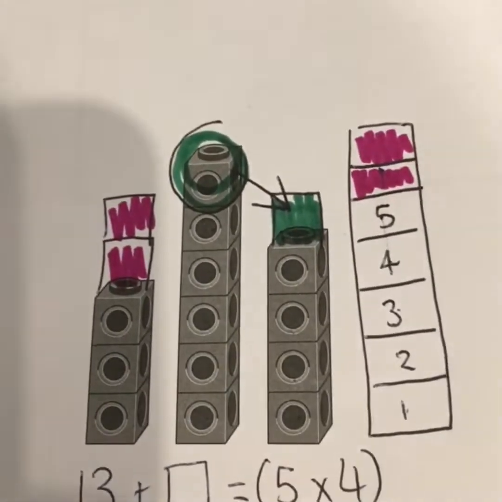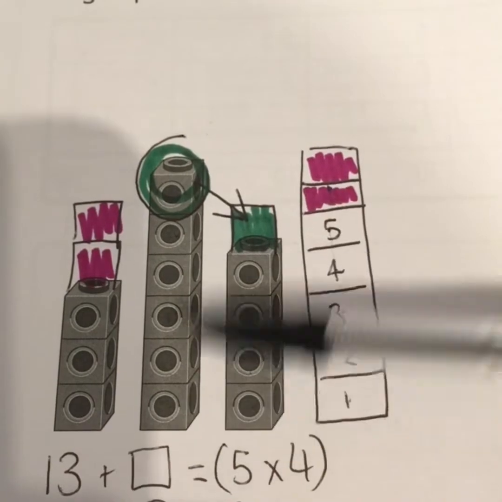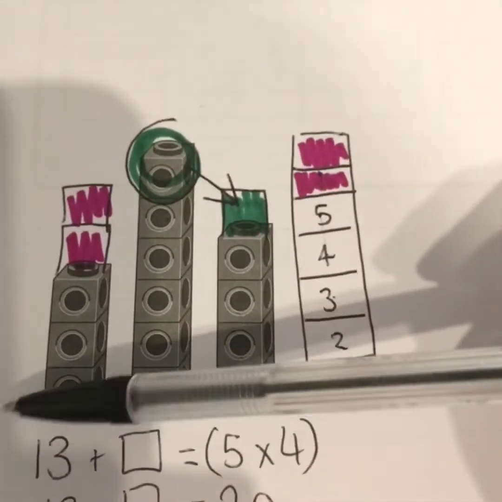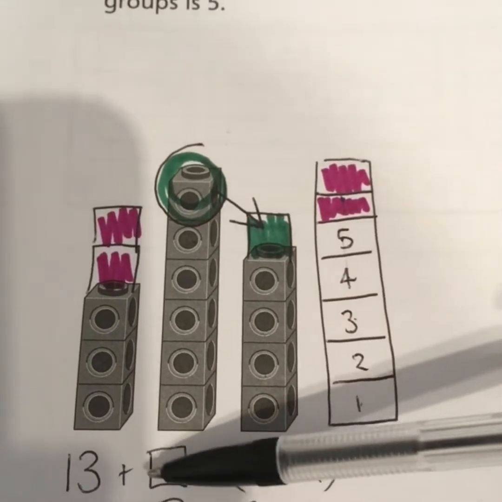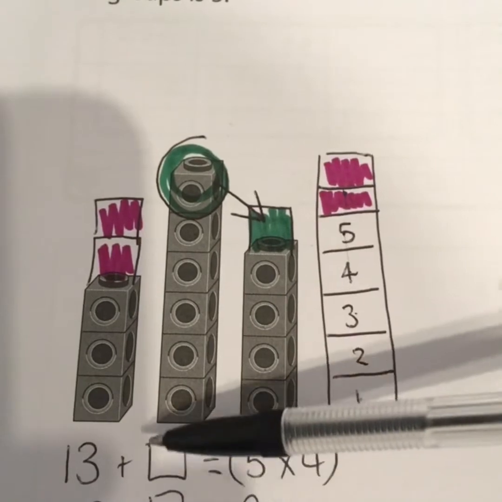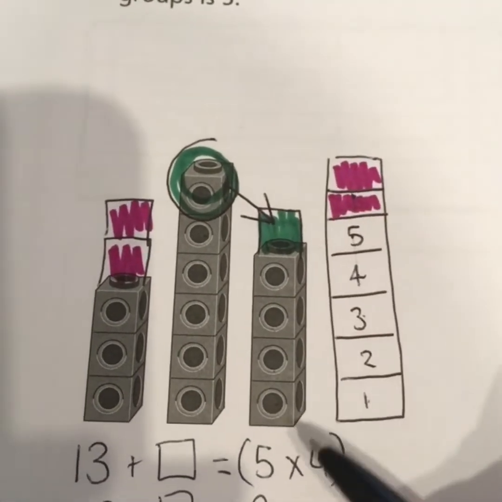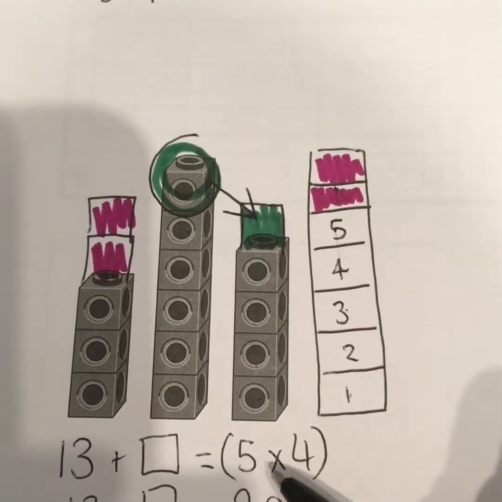Well, you know that you've got 13 cubes at the minute. So here's my 13 cubes. And you need to add the 4th tower. We don't know how many cubes are in this 4th tower yet. So 13 add something. And we know that if the mean is 5 and there's 4 towers, then we're going to do 5 times 4.